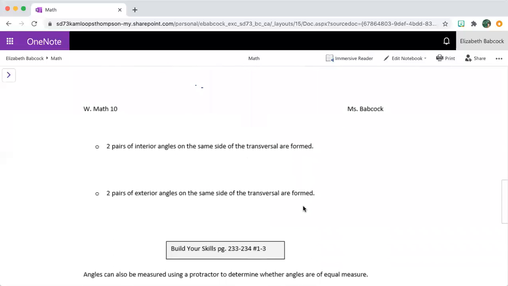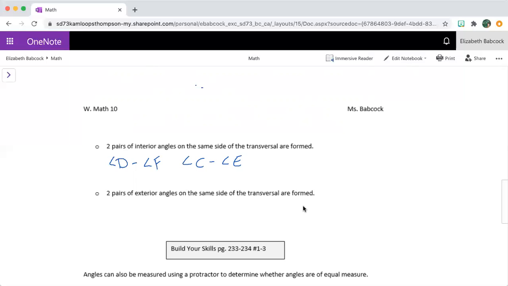Then you also have two pairs of interior angles on the same side of the transversal. There is no fancy word for this, they're just interior angles on the same side of the line that cuts through. So that would be angle D to angle F, and angle C to angle E. And then the same thing for the two pairs of exterior angles on the same side.